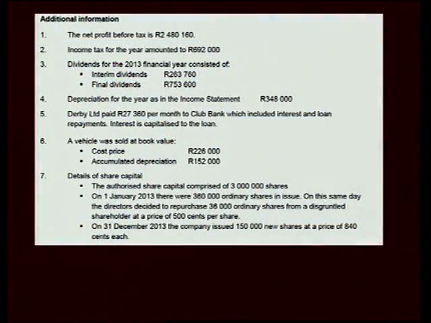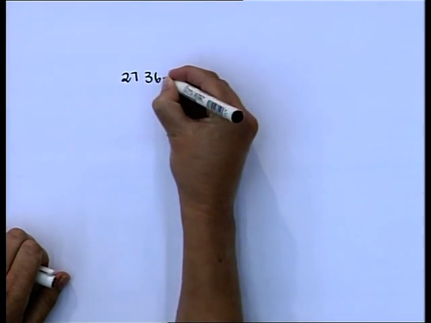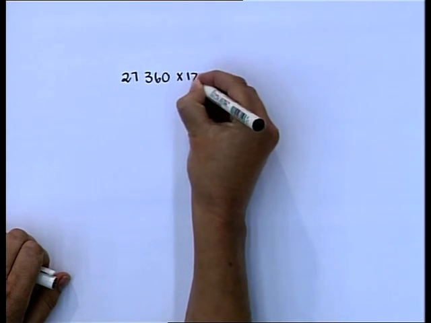That's page 15, and it says that Derby Limited paid 27,360 per month to Club Bank, which included interest and loan repayments. Interest is capitalized to the loan. So they are saying that Derby Limited paid 27,360 Rand times 12.